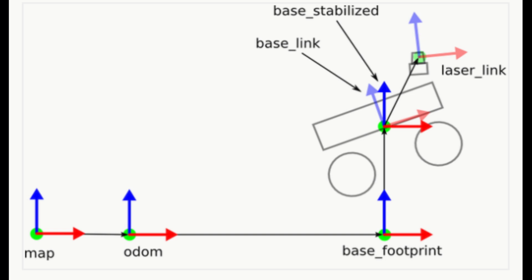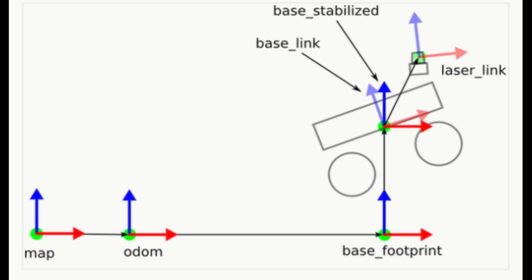Like an odometer for your car, the odom frame can drift over time due to small errors accumulating, like wheel slippage, for example. If it's really slippery, your wheels can slip, okay? That can make the odometry frame unreliable for making a long-term estimate of how far the robot has traveled and which way the robot has turned.